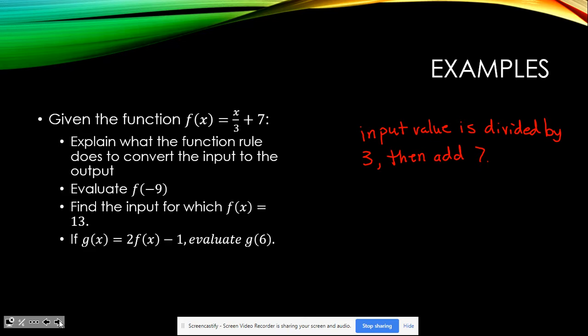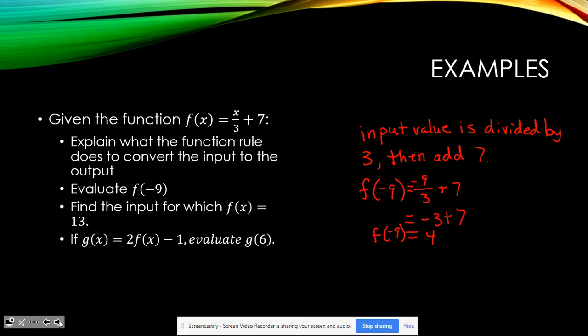For f of negative 9, we'll put negative 9 divided by 3 plus 7. And that's going to be equal to negative 3 plus 7, which is equal to 4. So f of negative 9, my mistake, is equal to positive 4.